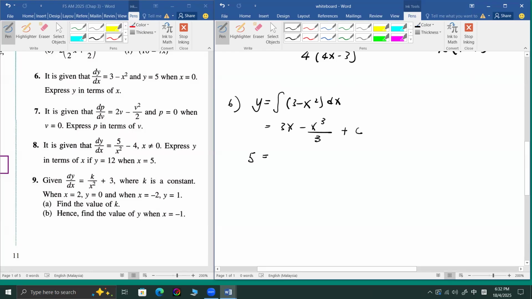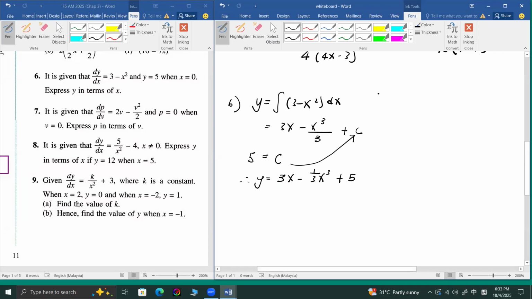If x is 0, I substitute 0 everywhere here, so I got c is 5. So when c is 5, we just copy here. Then we tell that y is 3x minus 1 over 3x cubed, or you just write like this, it is also accepted. Then the c is 5. This is how you get an equation. Okay, got it, class?